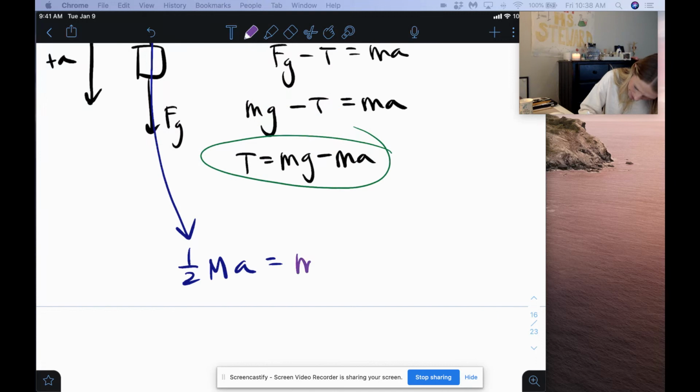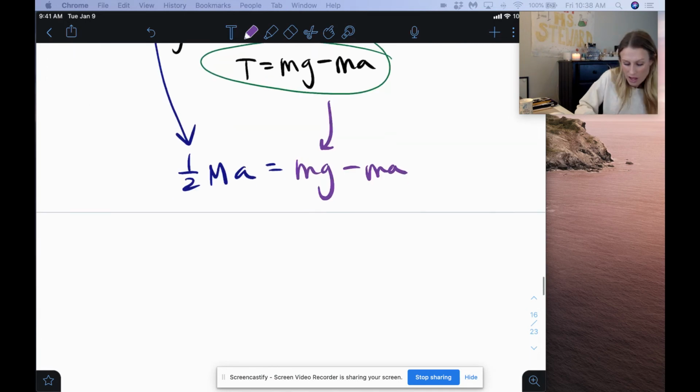I get mg minus ma. Okay, setting those things equal to each other, I am then going to solve for our linear acceleration a because now that's the only unknown that we have. So solving for linear acceleration here, I'm going to add little m times linear acceleration to both sides to get it all on one side.